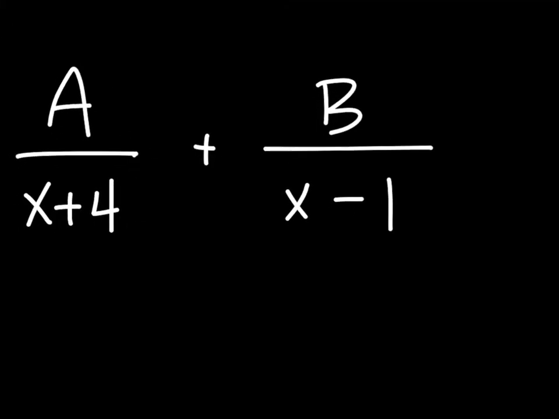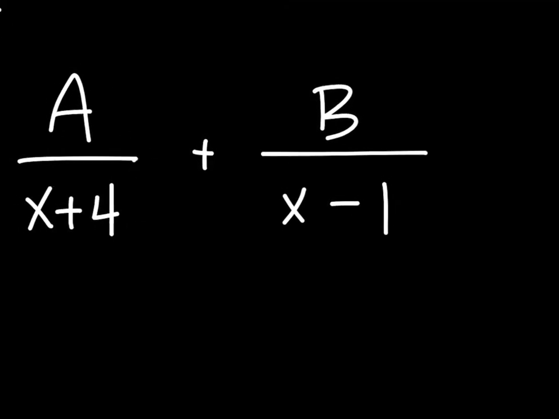Now these 2 parts each need a common denominator to match the other. So the first one is going to need the x minus 1, and the second one is going to need the x plus 4.